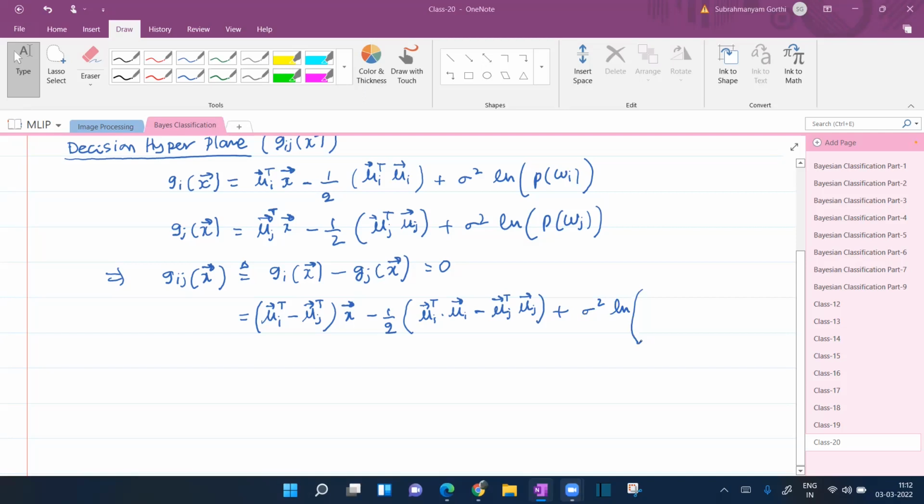Tell me quickly, otherwise it's taking too much time. What will I get inside the logarithm? Single term.